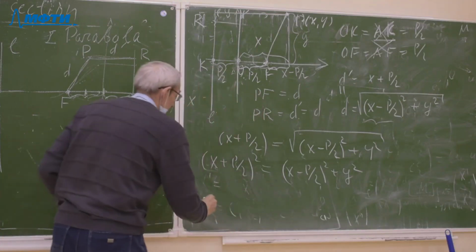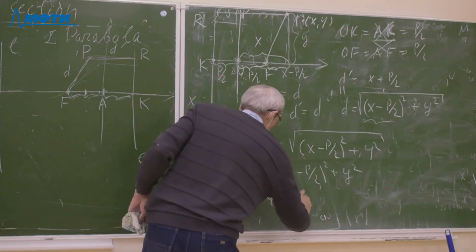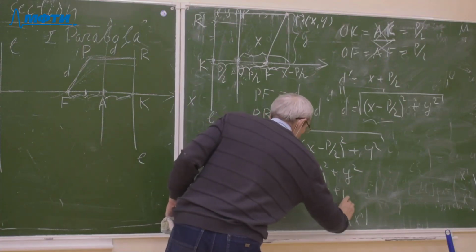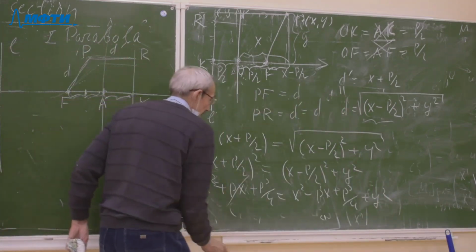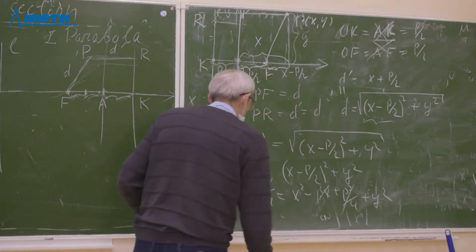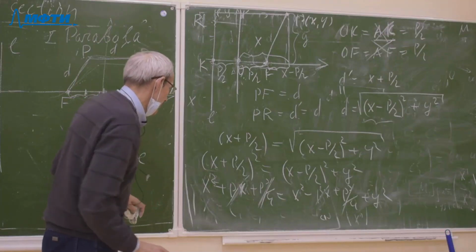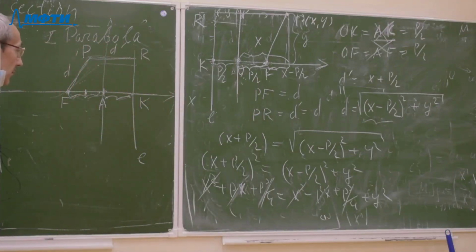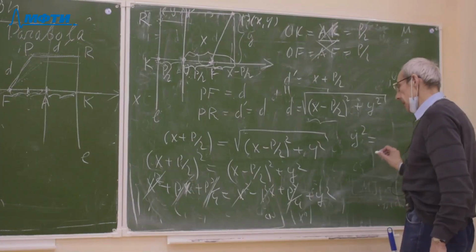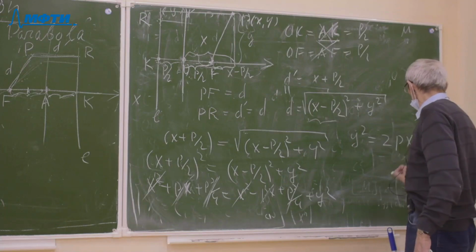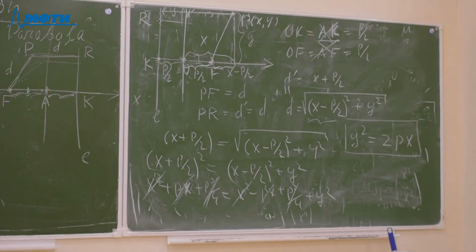After simple calculation and simplification, we obtain the following equality: y square is equal to 2px, and we obtain the equation which defines the parabola.